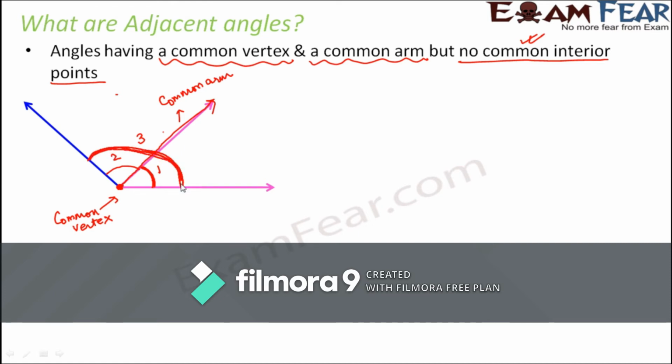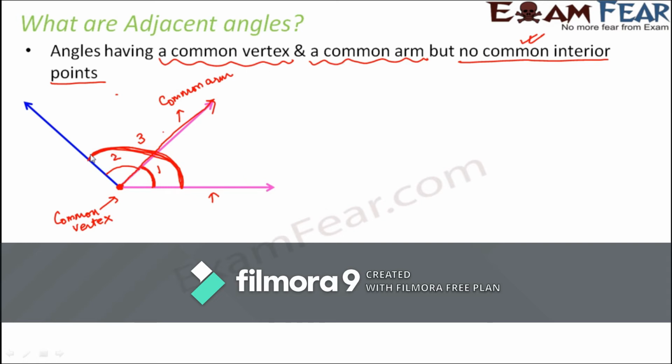Here also, if you look point by point, this angle that is formed by these two arms also has the same common vertex. For this angle and this angle, you have a common arm, that is this arm is common, right? So the first two criteria are getting satisfied.